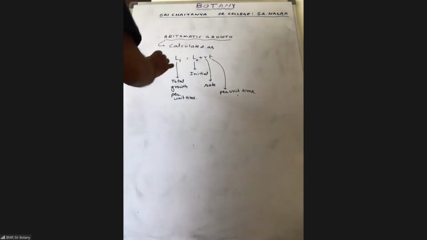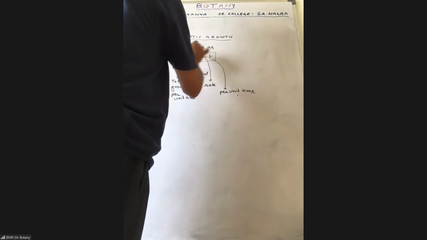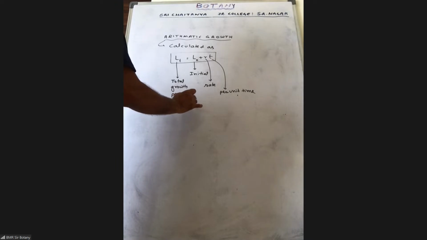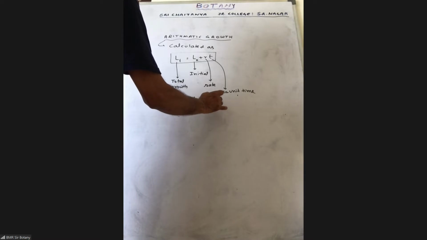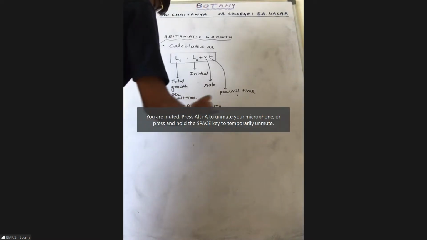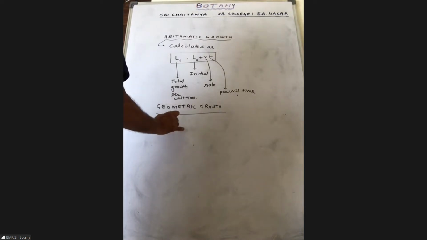Just the equation is to be remembered, nothing else from here. It is calculated with this formula. Now take geometric growth, which is calculated as W1 is equal to W naught e to the power RT. E stands for the base of natural logarithm.